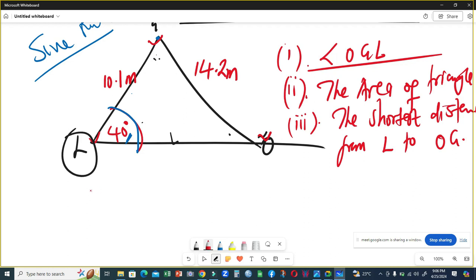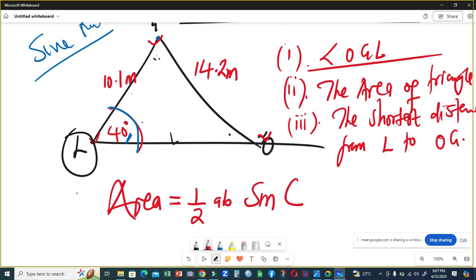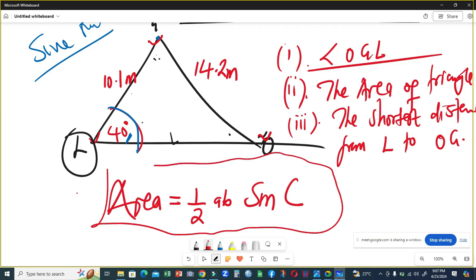A non-right angled triangle has the formula: area is equal to half AB sine C. This is the formula which is in a lot of books, okay? But during the final exam, don't use A, B, and C. Use the letters which are there in the diagram.